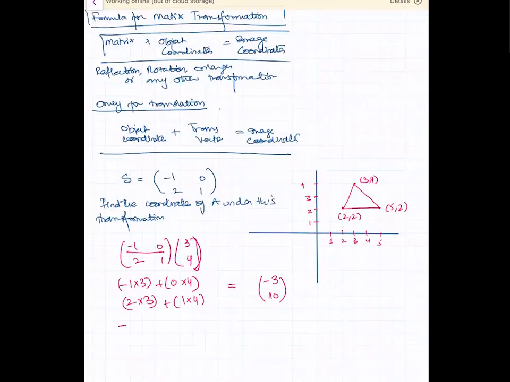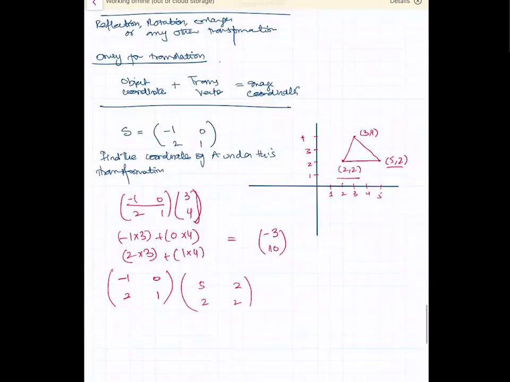Now, minus 1, 0, 2, 1. I can use both these coordinates together as well. 5, 2, 2, 2. First row, first column: minus 1 into 5 plus 0 into 2. Minus 1 into 2 plus 0 into 2. So I did first row, second column here. 2 into 5 plus 1 into 2. 2 into 2 plus 1 into 2.